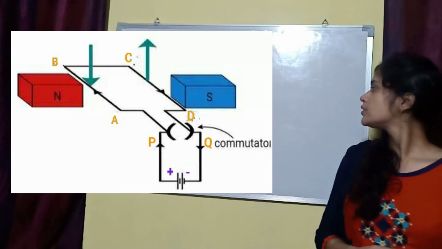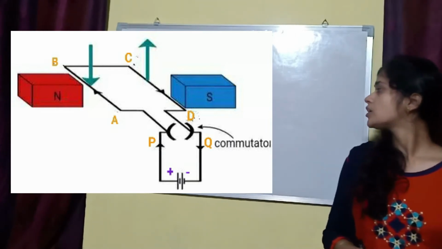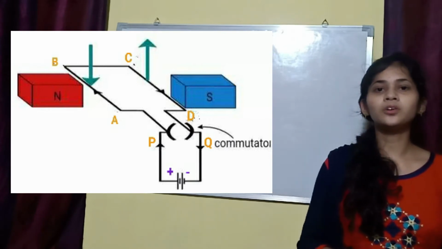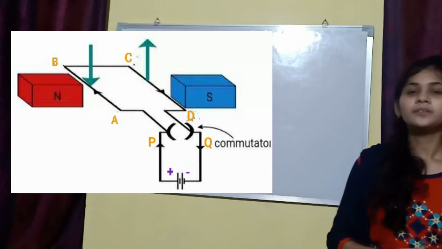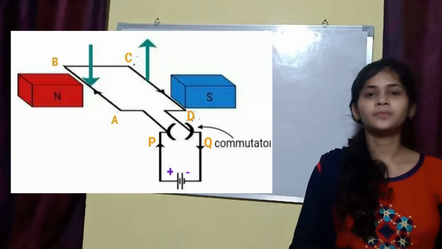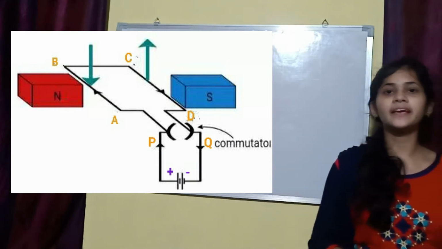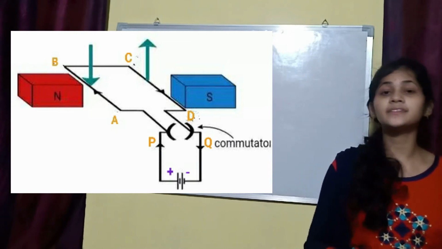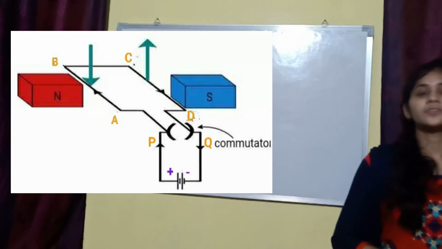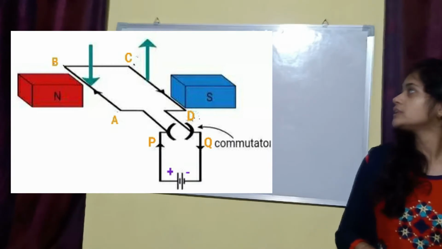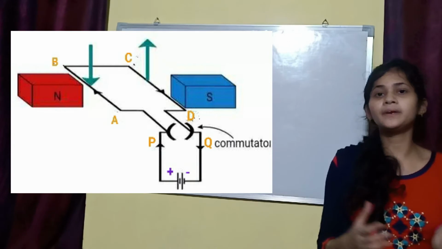Okay, you can see in the figure the current is supplied to the loop through the point P, and it will exit through the point Q. Then the AB arm will experience a downward force while the CD arm will experience an upward force, and the BC and AD will experience no force.